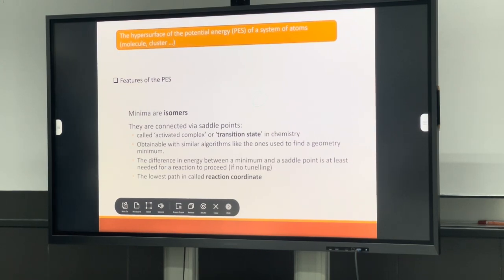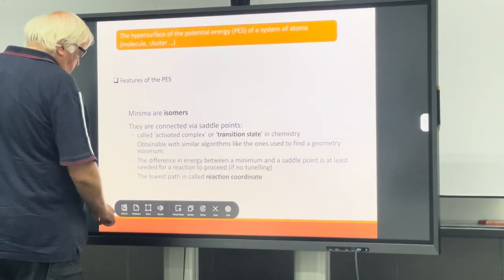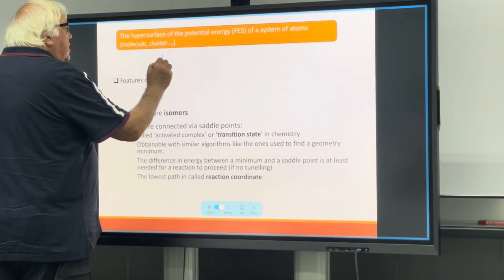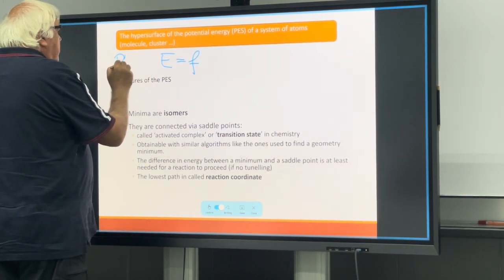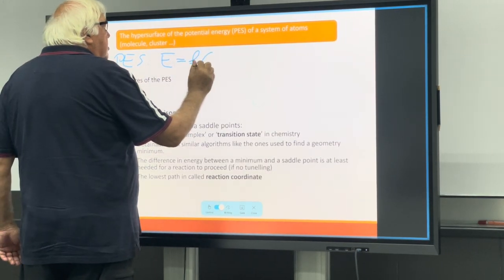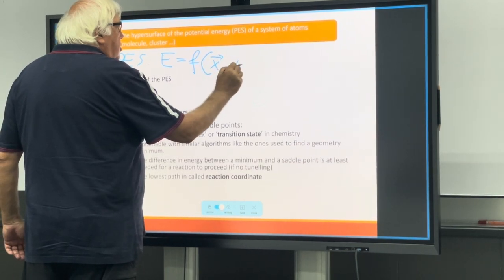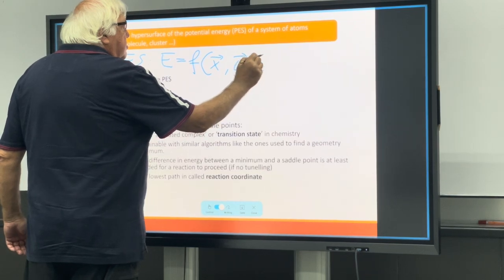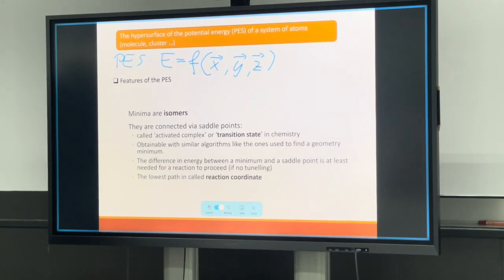But the question is always how to express the PES. That's the big question. It's a function of the coordinates of all atoms.